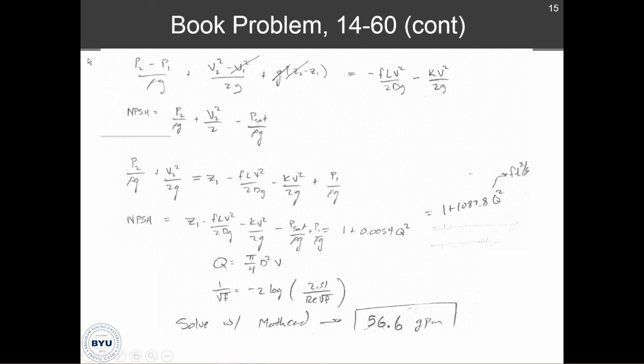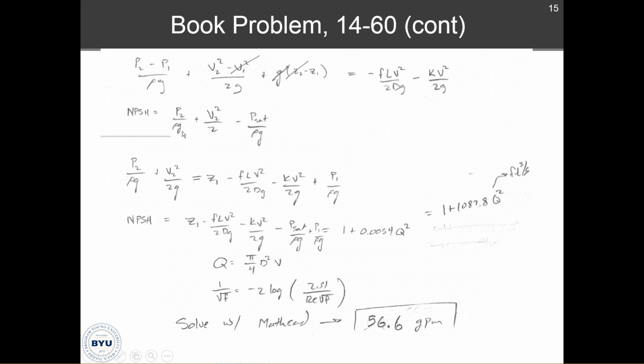We're just dividing everything by G. So now there's a G term over here and G term here. Anyways, like the energy equation, we have those 3 types of energy, and they're balanced by the pipe loss and the minor losses. Once we've done that, we want to write down and recognize the equation for the net positive suction head, which was defined in the last lecture, and it can be seen right here.